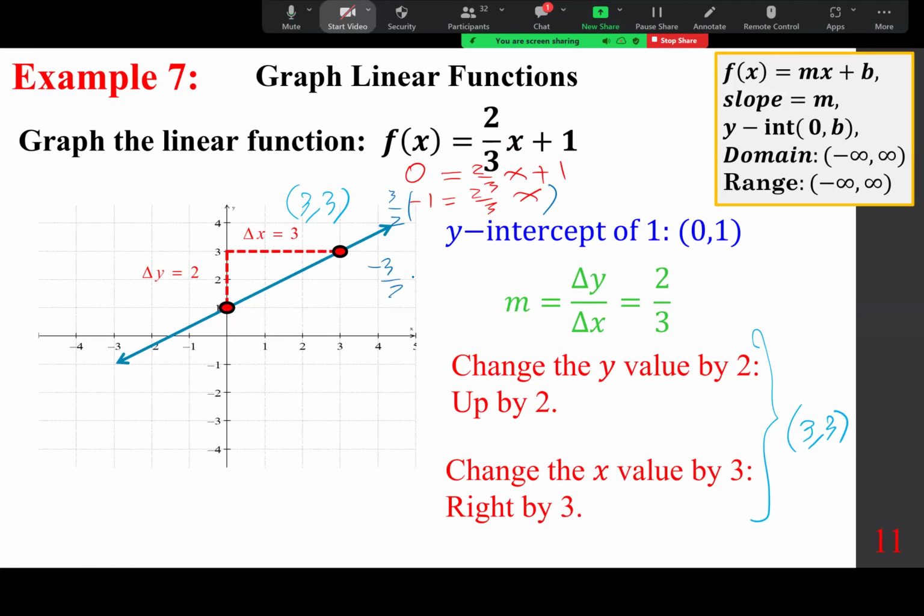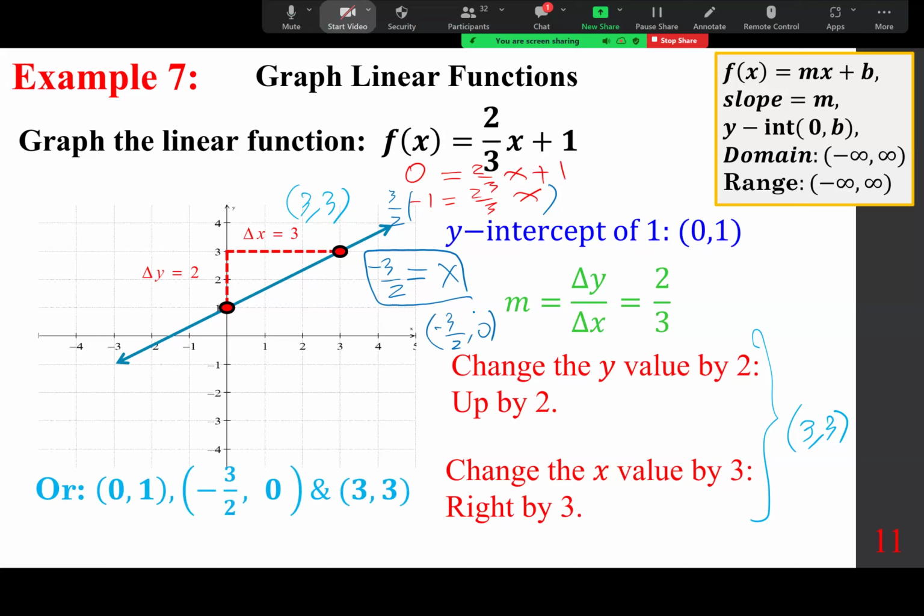We get -3/2 equals x, and that gives us -3/2, comma 0, which is this point. Okay, using intercepts. X is 0, find y. Y is 0, find x.